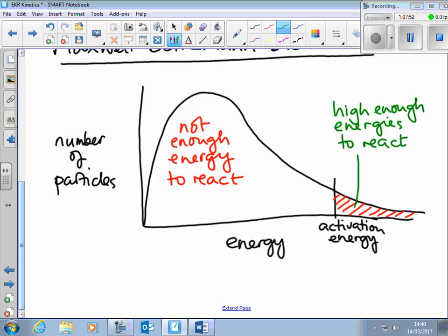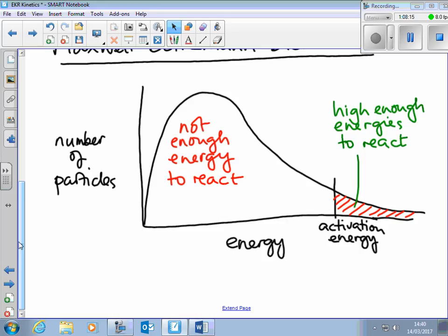Okay. Now, if you then apply changes to your reaction environment, it's going to have an influence on the number of particles with the right amount of energy. If you double the concentration, you will double the number of particles with enough energy, theoretically.